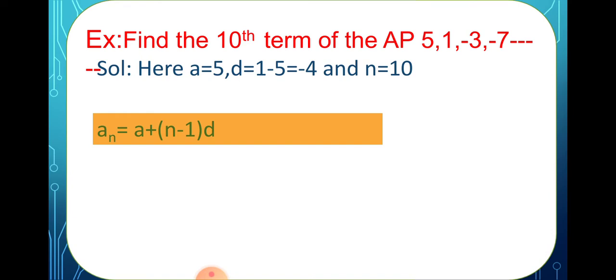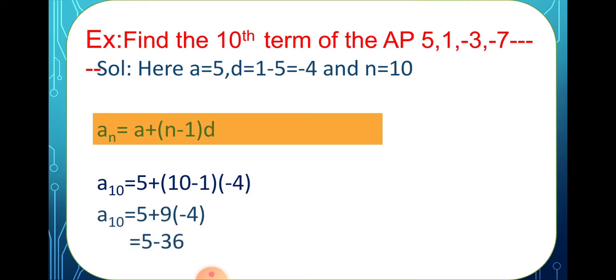Here the formula is an equals a plus (n minus 1) into d. In this formula we have to substitute the a, n, d values. So we will get a10 equals 5 plus (10 minus 1) into minus 4. If we simplify, 5 plus 9 into minus 4, that equals 5 minus 36. At last the 10th term a10 equals minus 31.